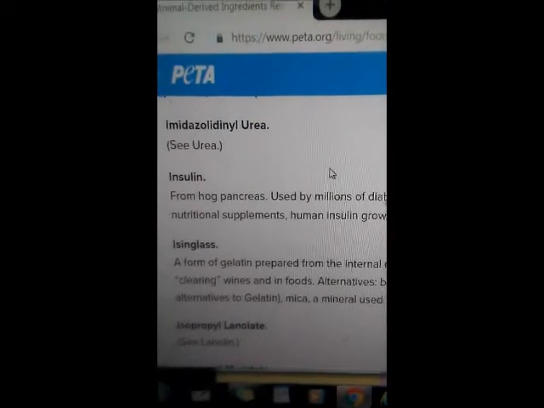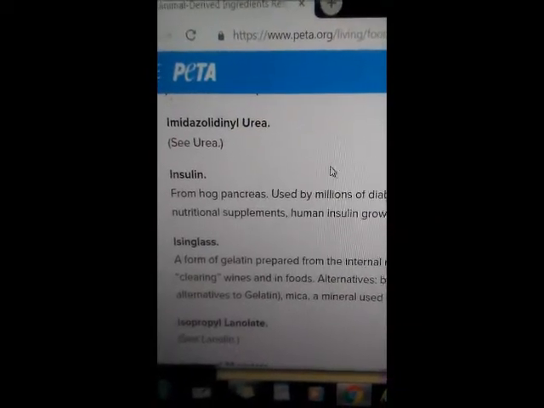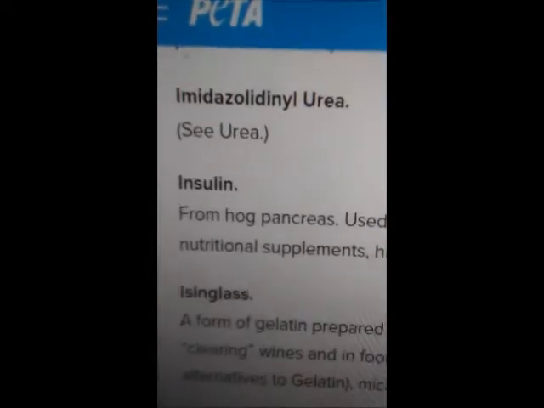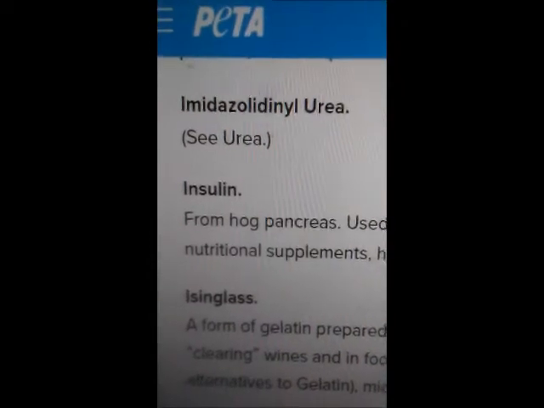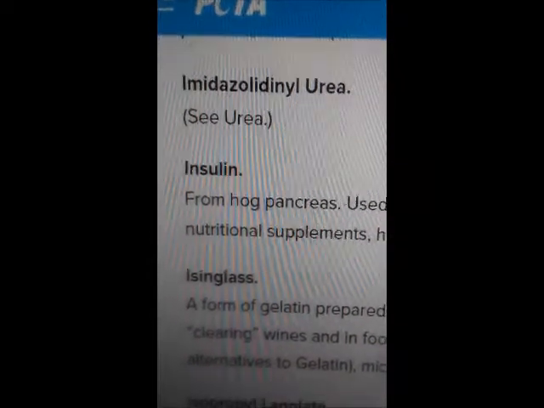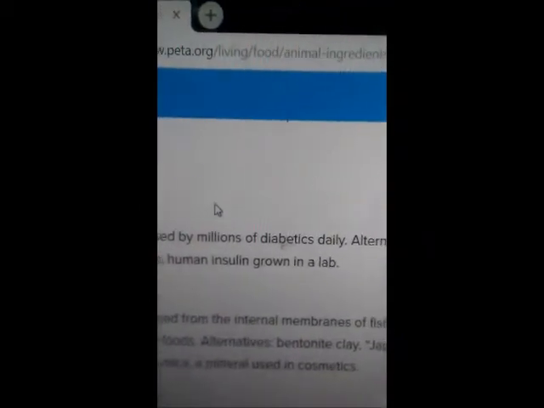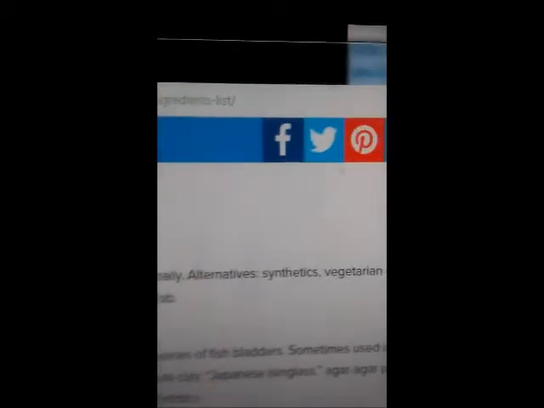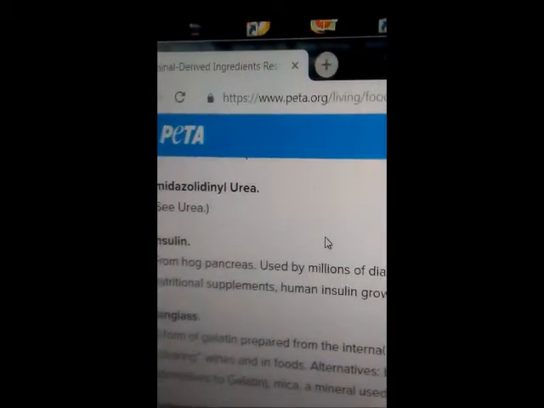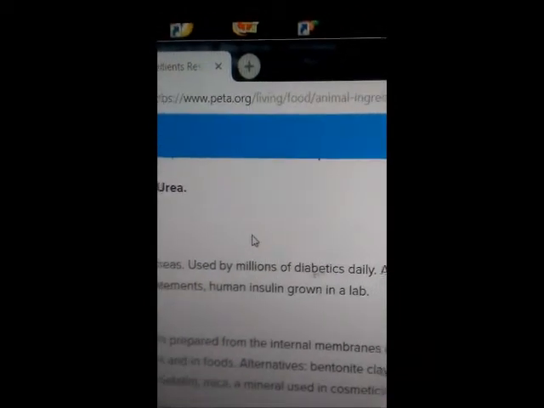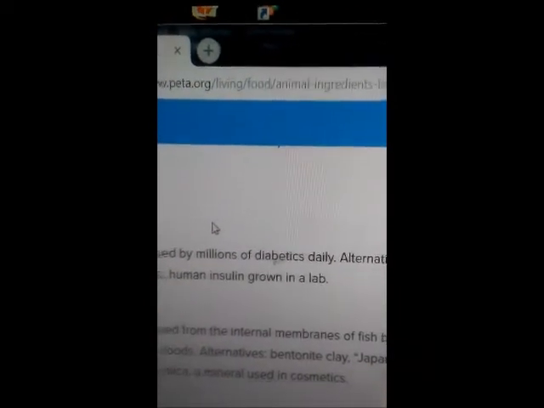Insulin from hog pancreas. From hog pancreas, insulin. Okay, used by millions of diabetics daily. Alternatives: synthetics or vegetarian diet and nutritional supplements. Human insulin grown in a lab.